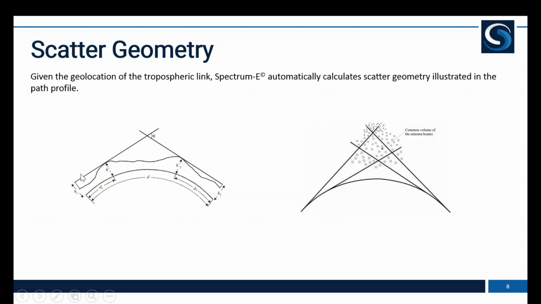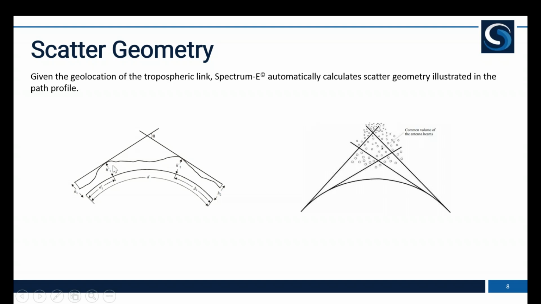For tropolinks, the tool automatically extracts the terrain profile along with the clutter layer information, along with another layer called the radioclimatic zones. And all of this has to be in the tool, and it has to be precise, and it has to be according to the recommendations from the ITU, which come from the ITU 452 on how to implement these layers.